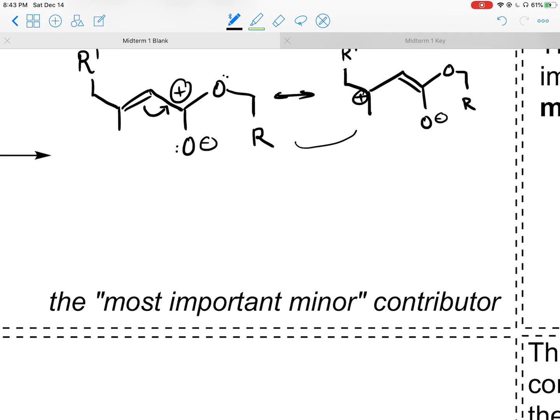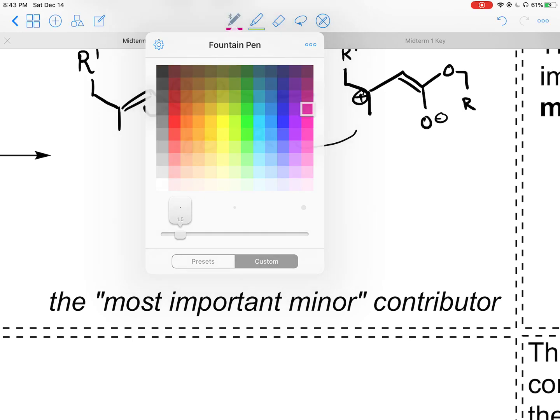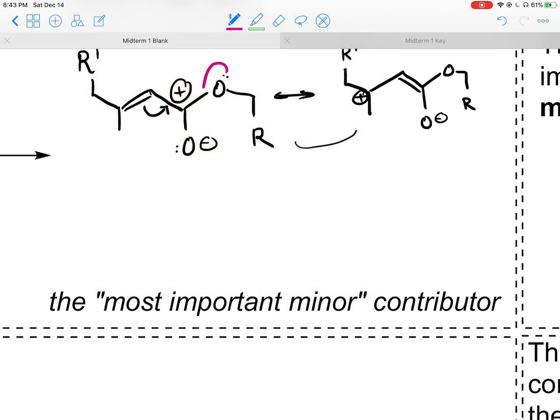So, now we're going to draw the one where we move the lone pair from this oxygen here. And that'll be that. And we're ignoring this black arrow right here. The pi bond's still gonna stay there.